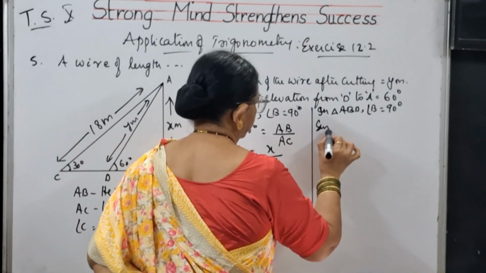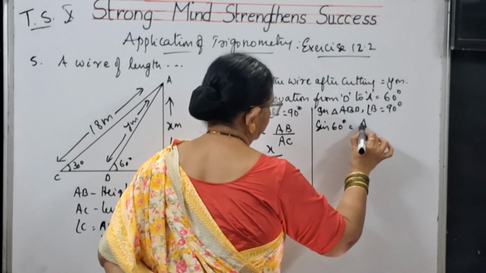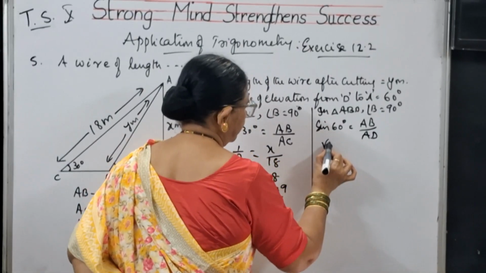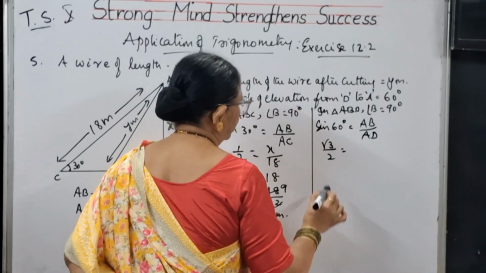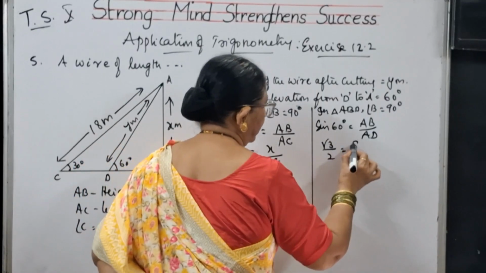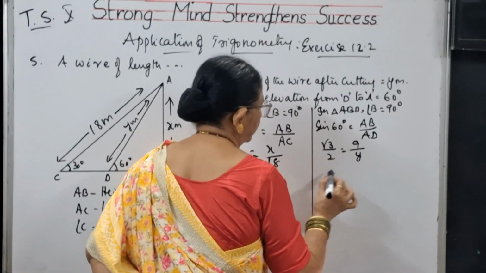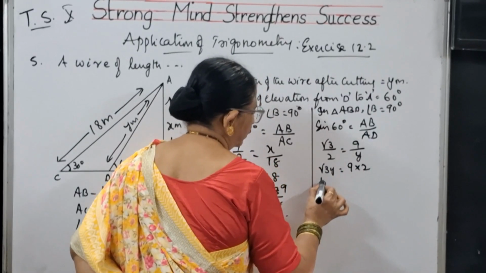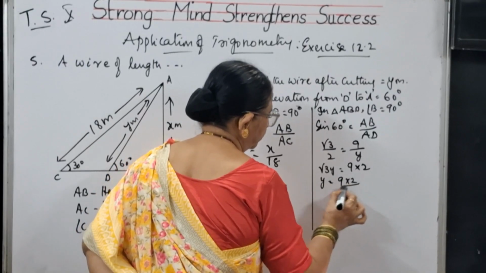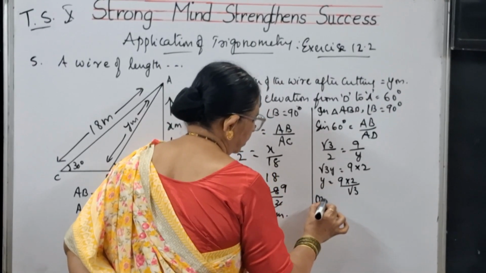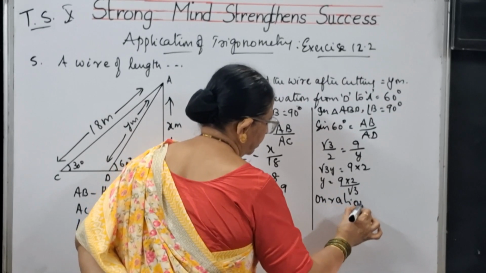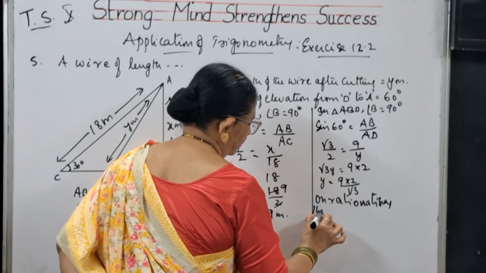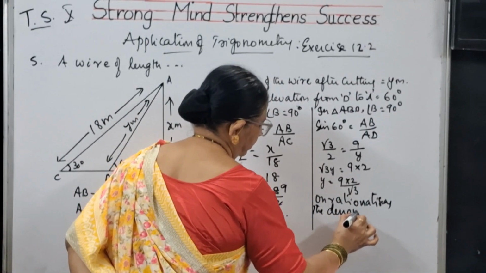Sine 60 degrees is equal to AB by AD. Sine 60 is root 3 by 2 is equal to AB, AB is x, that is 9 by AD, y. So root 3 y is equal to 9 into 2. So y is equal to 9 into 2 by root 3, on rationalizing the denominator.